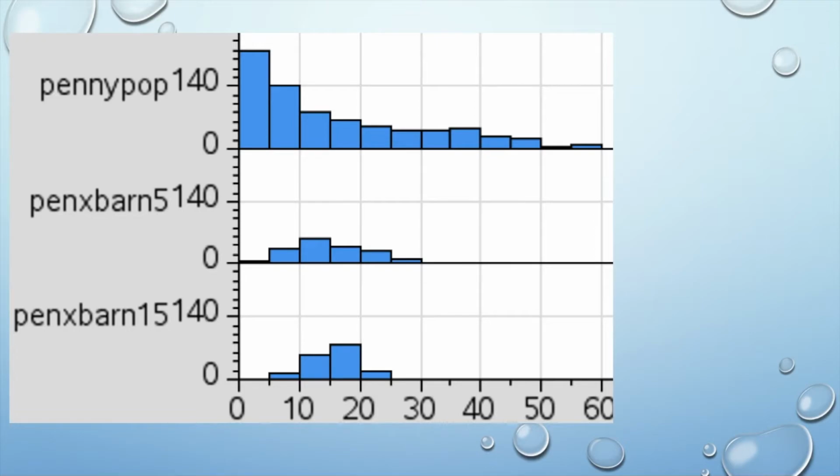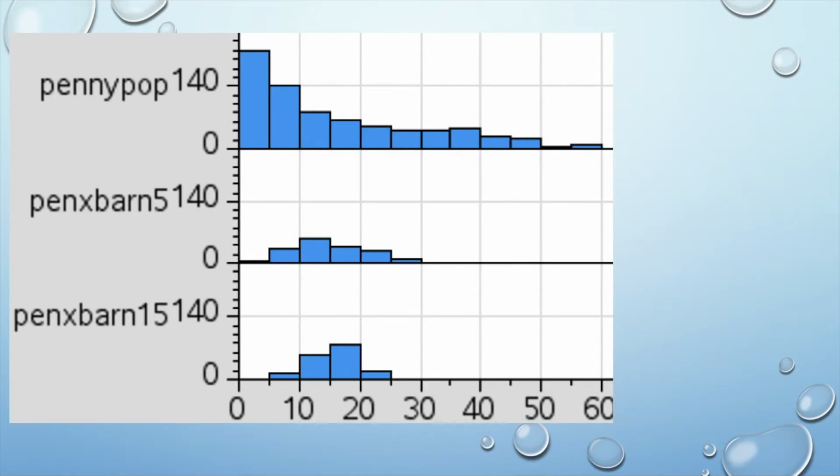But then we took samples of size 5 and averaged those values. If I take a sample of pennies of size 5 and find the average age, notice that the graph gets less heavily skewed to the right and is more normal. Then I took samples of size 15, and the graph gets less and less variable and more normal.